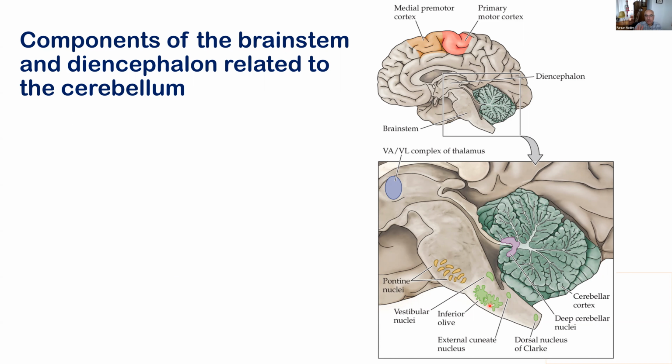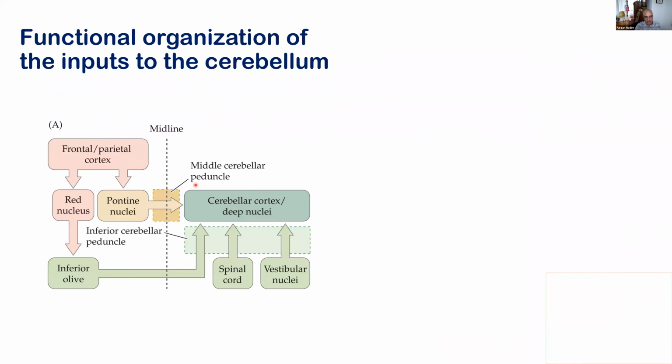So again, we've been going through a lot of gross anatomy, but let's summarize it one more time. The cortex projects to the pontine nuclei, which project to the cerebellum. There is also an input from the cortex, I haven't told you what this is yet, that goes to the red nucleus, to the inferior olive, and comes to the cerebellum.